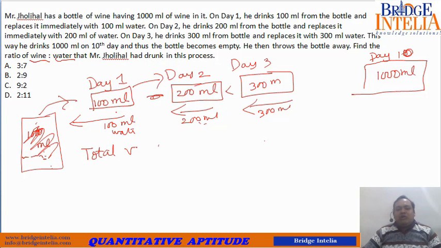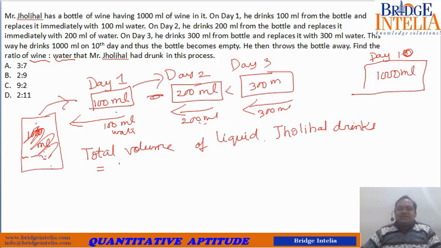Total volume of liquid that Mr. Jholihal has drunk. So what is the total volume of liquid that this guy has drunk? On day 1 100, day 2 200, day 3 300 and so on. So on day 10 he has drunk 1000 milliliters.